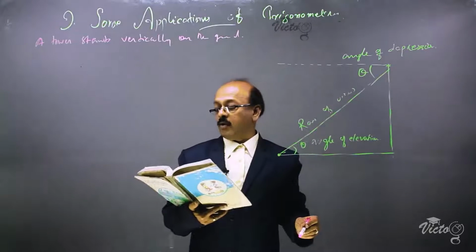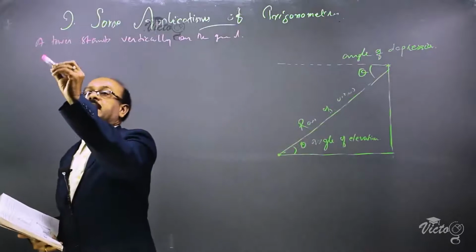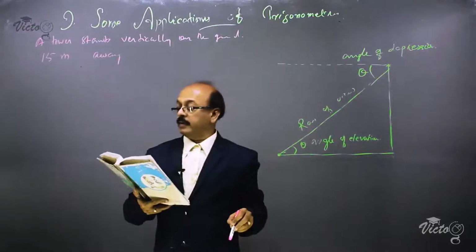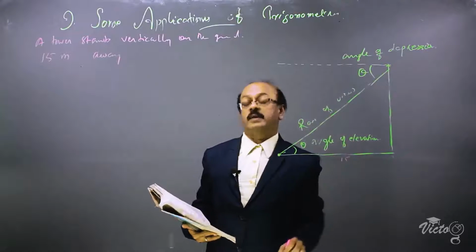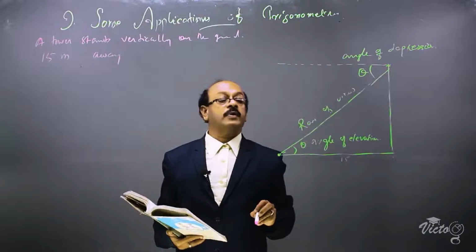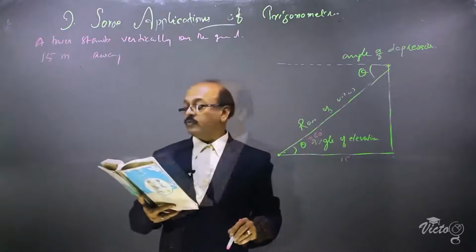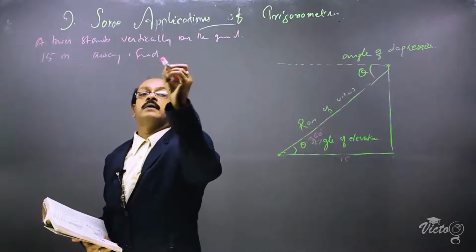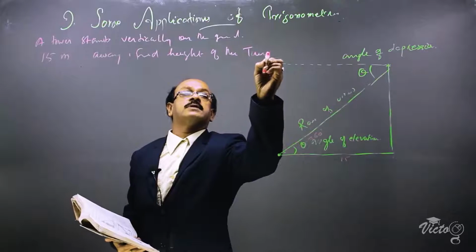From a point on the ground which is 15 meter away from the foot of the tower, that means this distance is given to be 15 meter, the angle of elevation of the top of the tower is found to be 60 degree. We have to find the height of the tower.